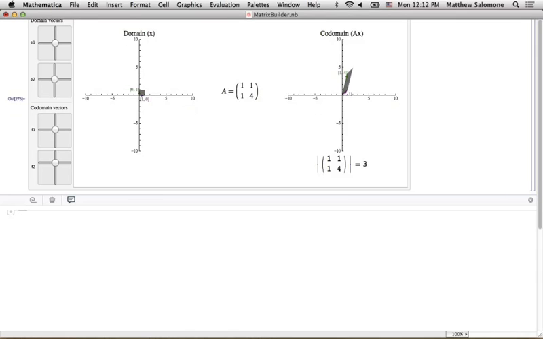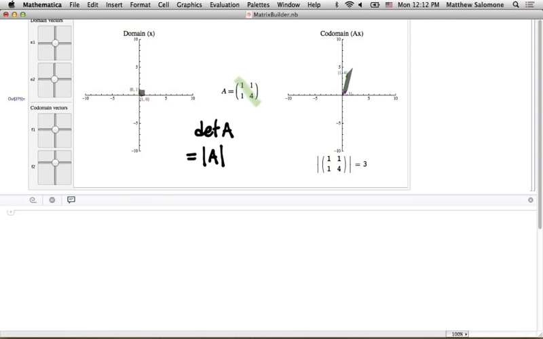So first of all, tell me, how do I find the determinant of a 2x2 matrix? Alright, so I multiply on the diagonal, first of all, so I get 1 times 4. Determinant of A, which is sometimes also written as A with absolute value symbols around it.